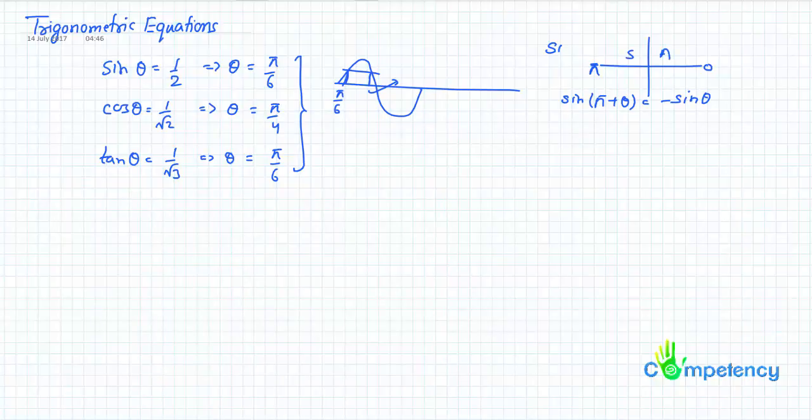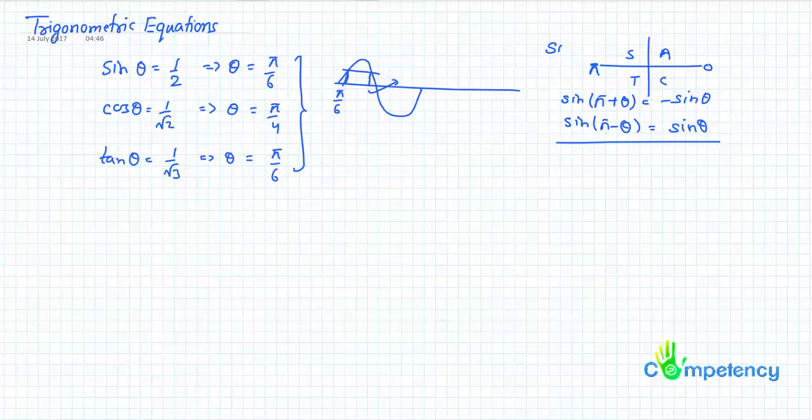We know whether the ratios are going to be negative or positive using this figure. So in the third quadrant, sine is negative, so that's why this is minus sine theta. And in the same way, sine of pi minus theta will be equal to sine theta. So that is one such scenario.